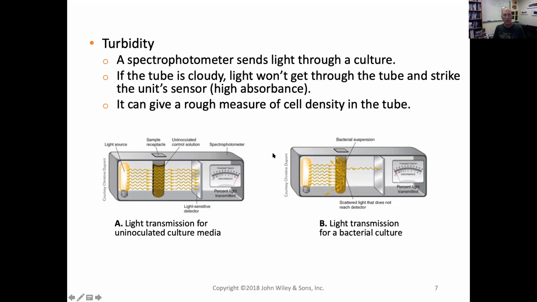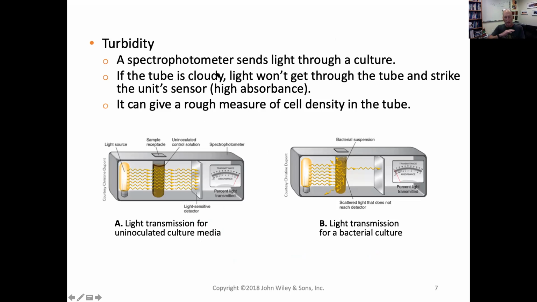Okay, the other thing to talk about is that there's another way of estimating cell density in a broth culture, a liquid culture, and that's to use turbidity, essentially in a spectrophotometer.